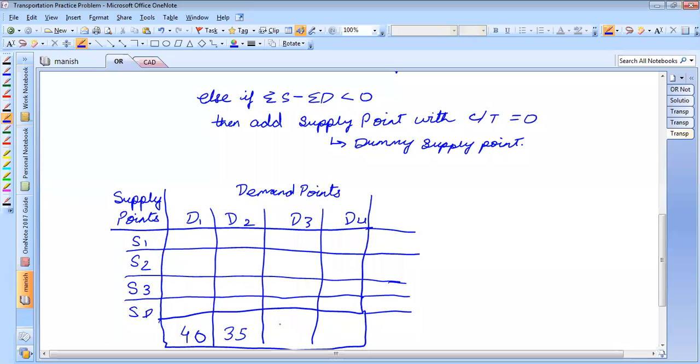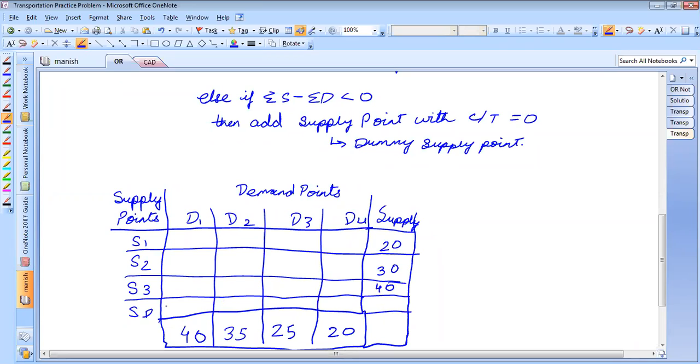Okay, so 40, 35, then this is 25 and this is 20, I think. 20. Yes. Okay, and just tell me the values here. 20, 30 and supply 40. Okay, supply points is 20, 30, and 40.